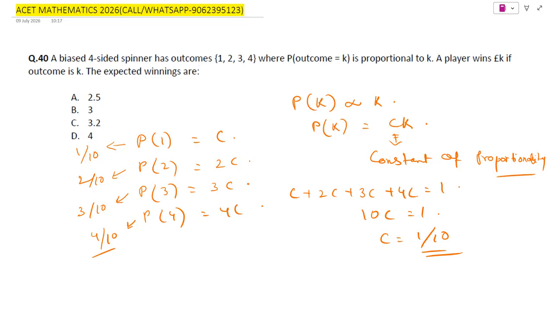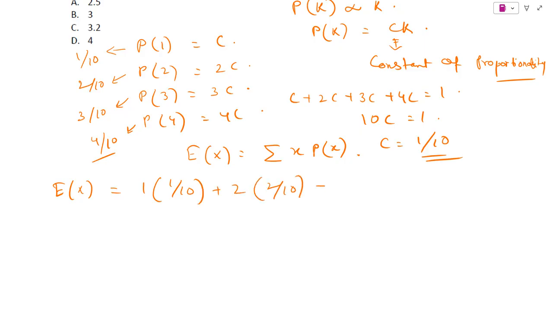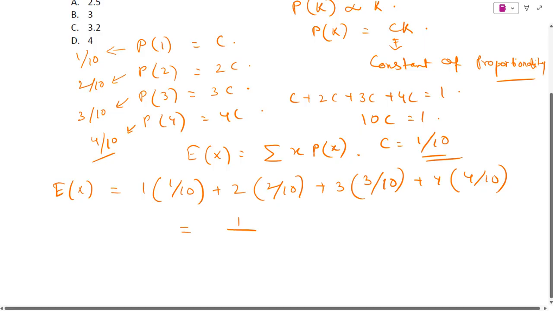Okay. Now the expected value of a random variable is what? In simple words, we can say multiply each outcome by its probability, then add all the products. Now, calculate the expected winnings. The winnings are equal to the outcome. So, E of X, this is, now calculate each term.